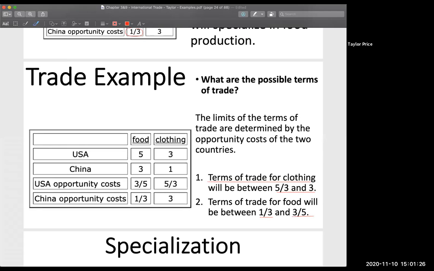Most problems that we give you on the midterm are going to be pretty clear. It'll basically say, between these two numbers, the terms of trade will be maybe 2 for clothing and maybe 2/3 for food.